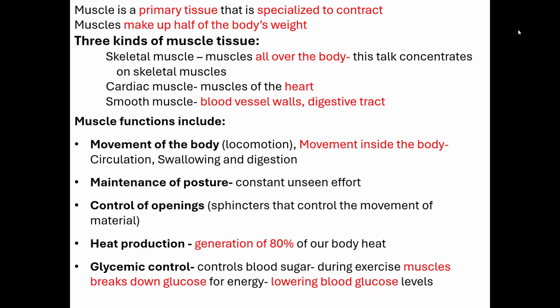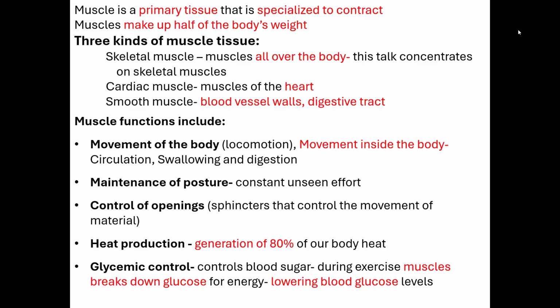Control of openings. What does that mean? We all have openings in the body. There's a fecal opening, there's a urinary opening. They're all controlled. What kind of a muscle is controlling them? It's a circular muscle, controlling your urinary passage.